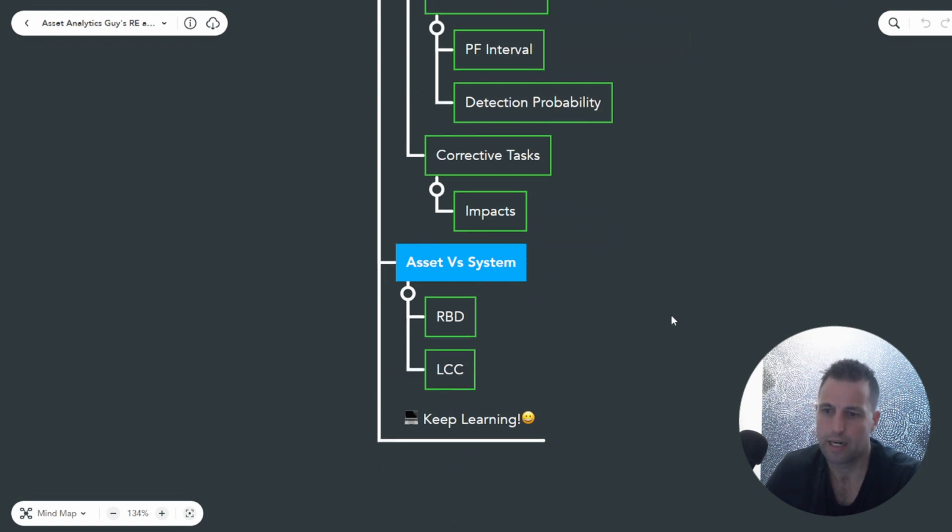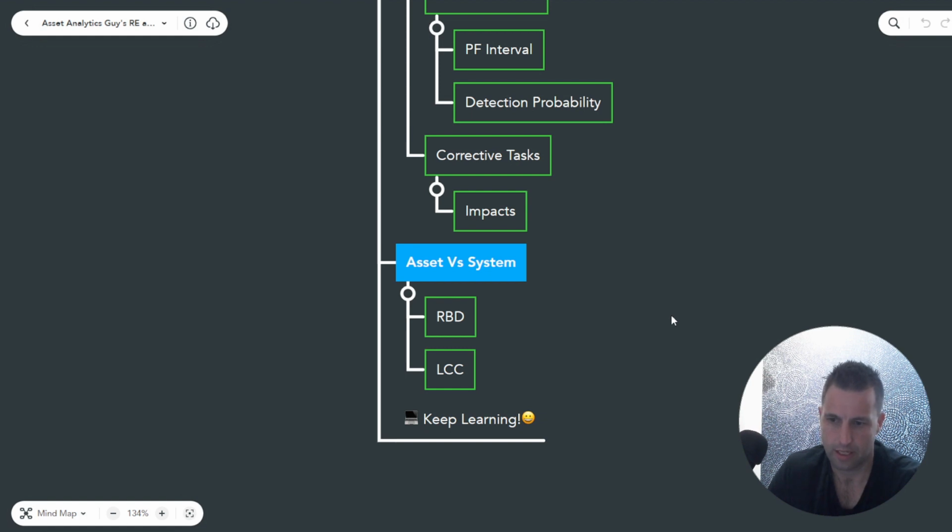Then we have asset versus system view. We can look at asset management problems and reliability engineering problems at different levels, starting off at component level, to asset level, to system level, to more holistic portfolio and business level problems.